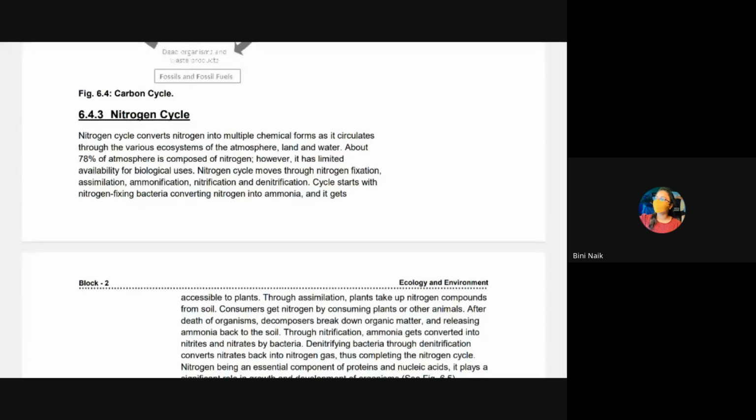Within the nitrogen cycle, first what happens? The nitrogen is basically fixed into the soil, and then it will be available for the plants. Once the nitrogen is available for the plant, they will be consuming it. You must be knowing that the legumes, all the high protein rich foods are characterized by nitrogen, ammonia.